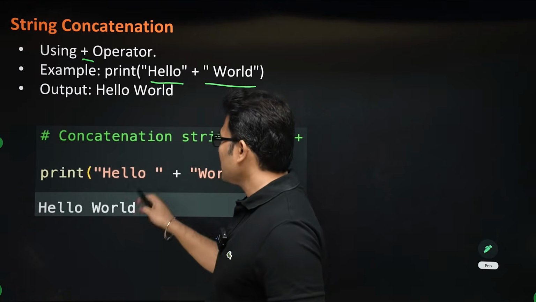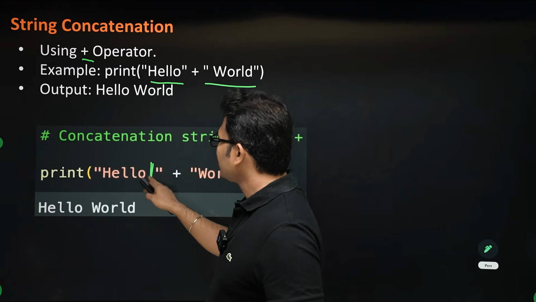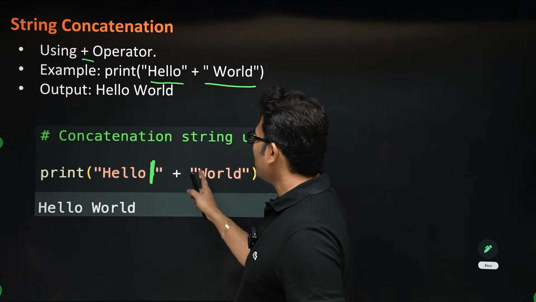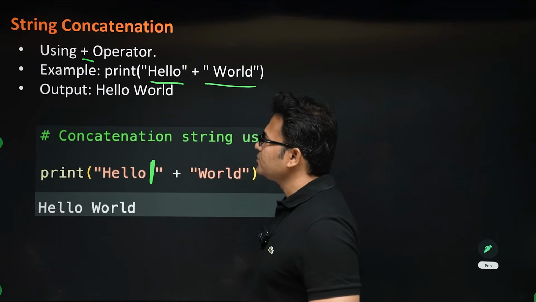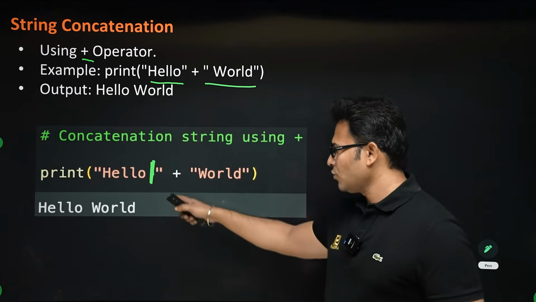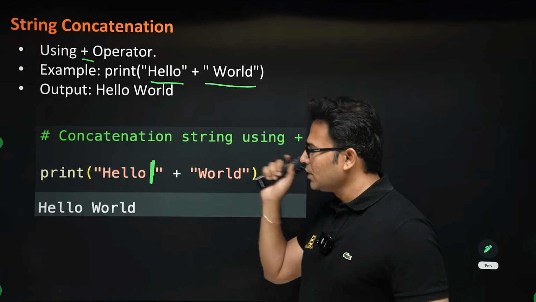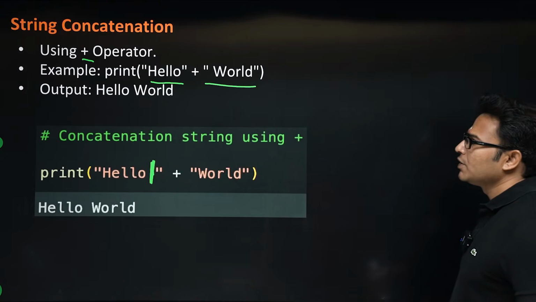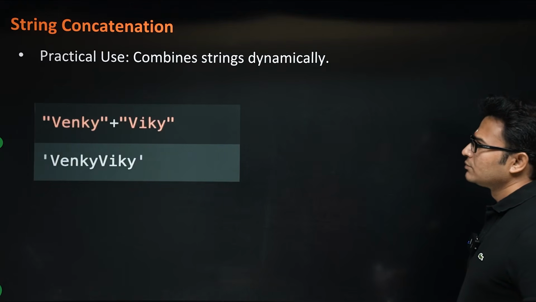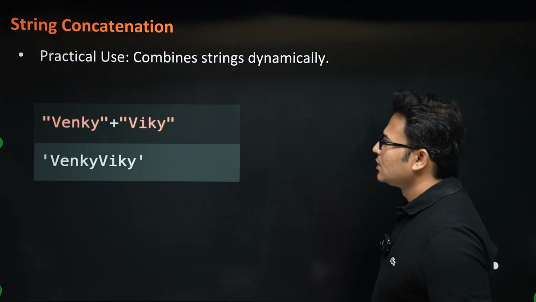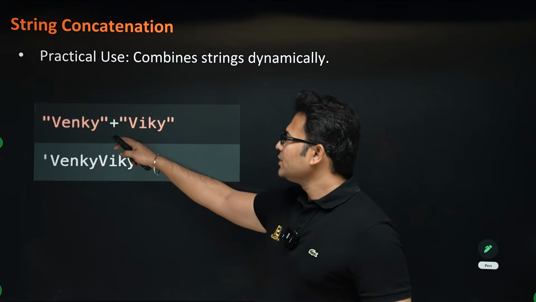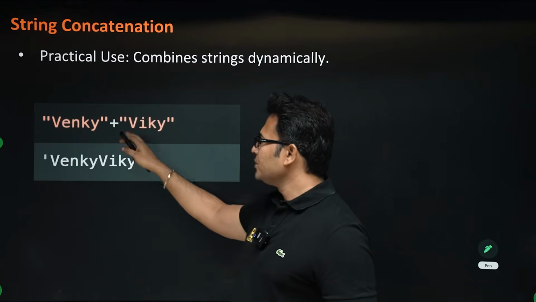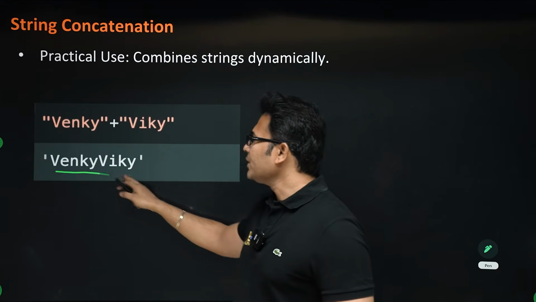The reason is I have given a space here. Because of that, between hello and world there is a space. Otherwise, if you have not used a space here, you will get helloworld as a single word. That is string concatenation. So for example, if you have Venki and Vicky, and if you put a plus between them, you will get a single word VenkiVicky.